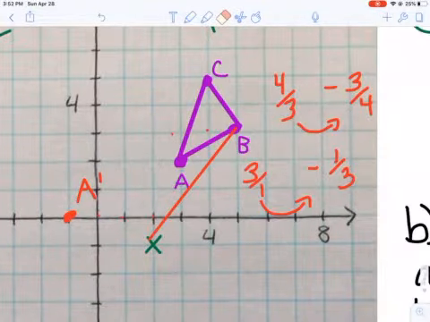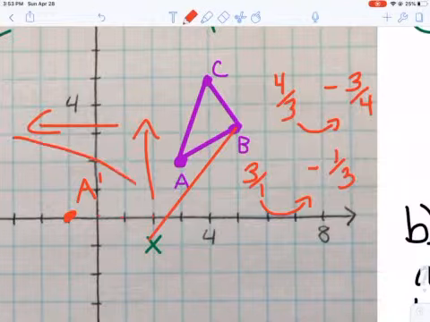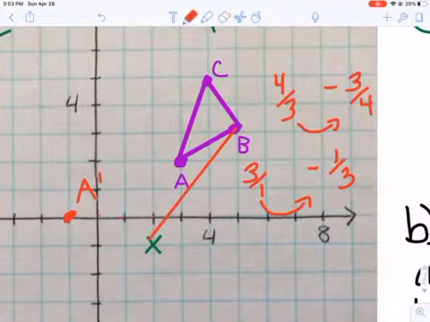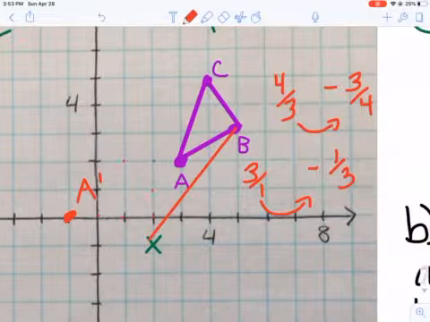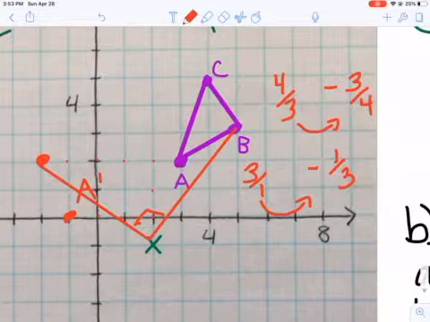Again, you might be tempted to go down, but I'm going to go up my y-axis and then go to the left. Going up this way and over this way will give me a line with a negative slope. So I'm going to go up 1, 2, 3 over 1, 2, 3, 4. And guess what? I've created a perpendicular line with a 90-degree angle. Love that. Not only that, this takes me to my new point, B1.